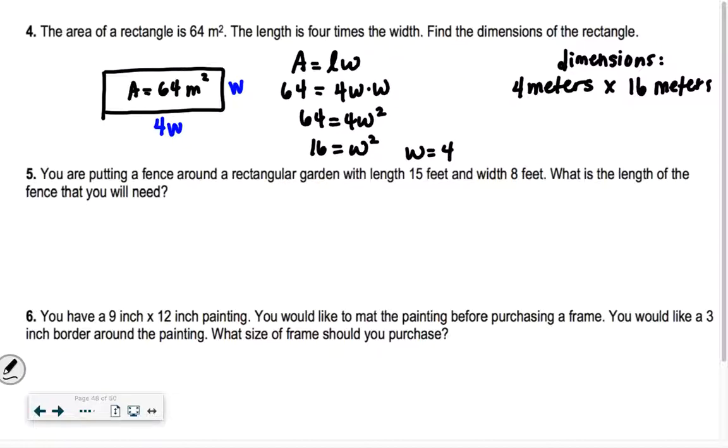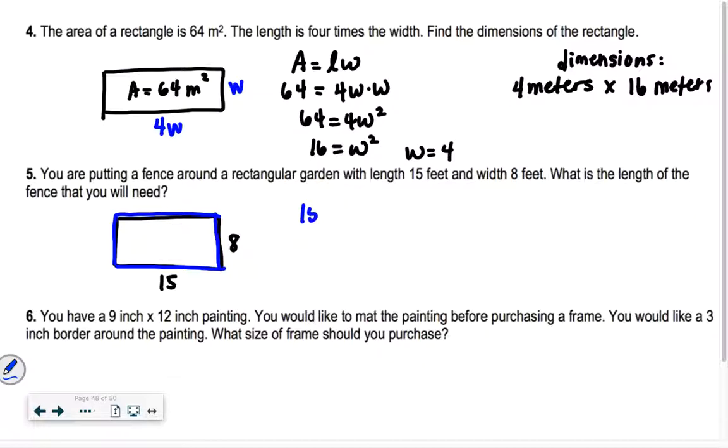Okay, so you're putting in a fence around a rectangular garden with a length of 15 feet and a width of 8. And I don't care which one's your length and your width on the picture. I'm not really picky about which one's which. What's the length of the fence that you'll need? So maybe I should say, what is the perimeter going around? What's the total amount of fence that you'll need to go around?